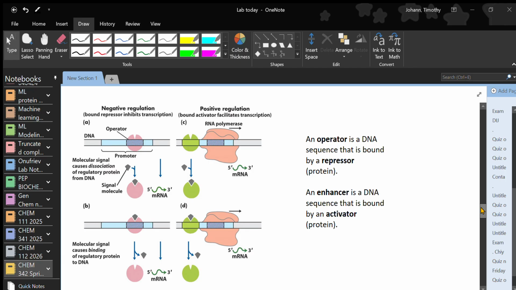We could do the enhancer next, or let's do the other form of what happens. The other form is similar. It's just when the signal molecule is bound to the repressor that the repressor is bound to the operator, instead of the reverse. Does that make sense? You see both of these.